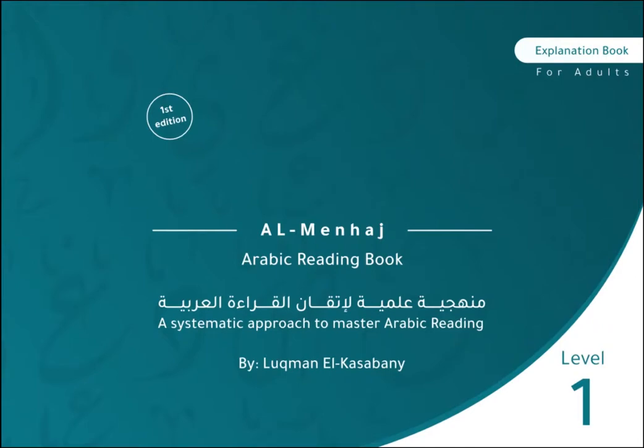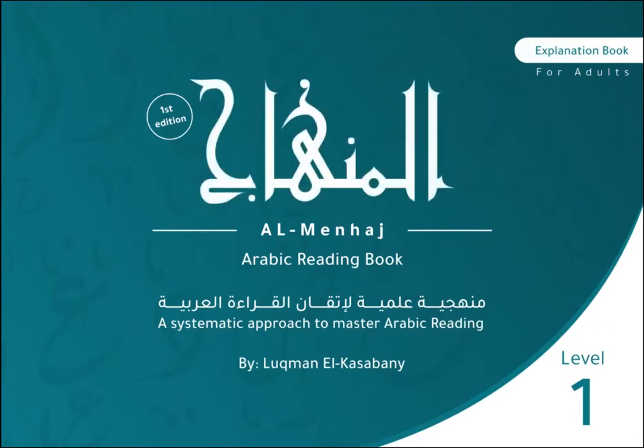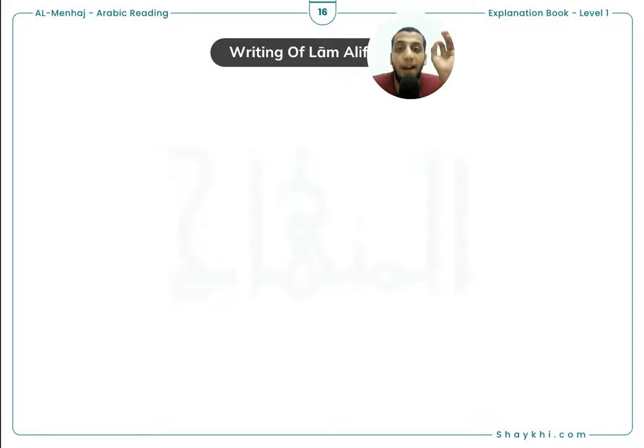This is just to remind you that we are explaining using the Al-Minhaj book, the official book of Shaykhi Academy. We have a note today about the lam when it's joined to the letter Alif. Some people call it Lam Alif, but this name is not accurate.